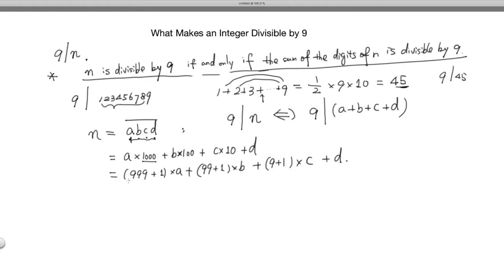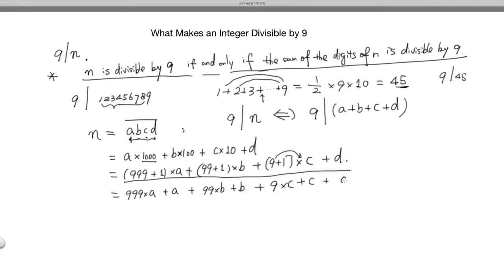For this n to be a multiple of 9, we know that 999 is a multiple of 9, so 999 times A is a multiple of 9, plus 99 times B is a multiple of 9. Let's write this down using the distributive law first, plus C plus D. For 9 to be a divisor of n, because these terms are multiples of 9, we can just forget about them.